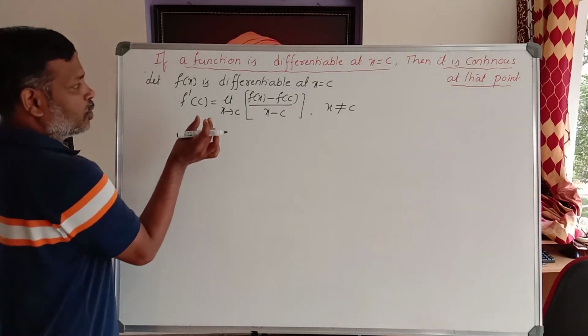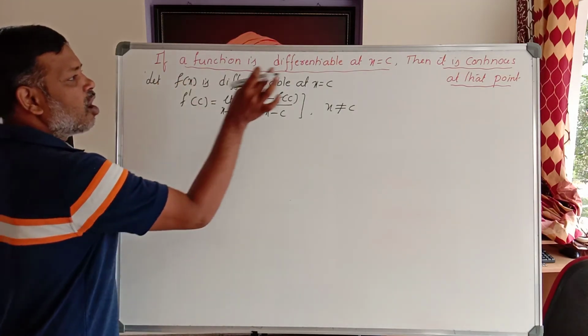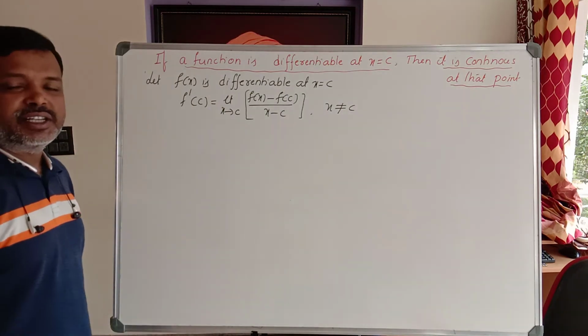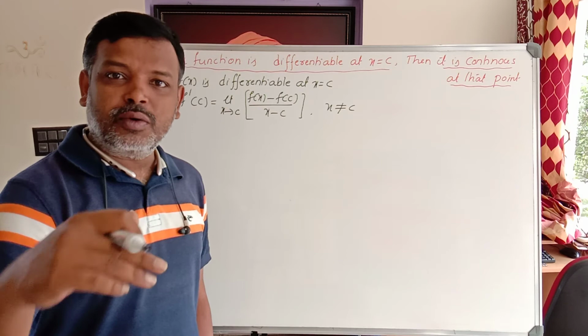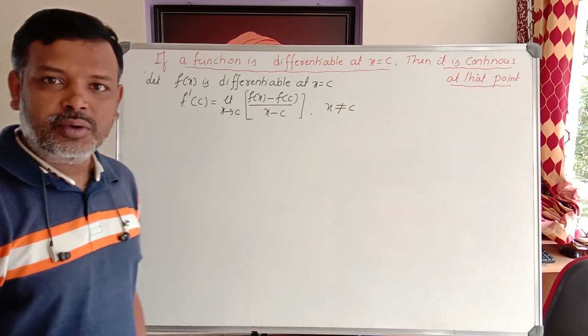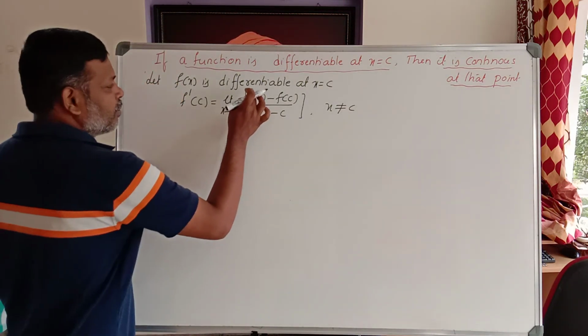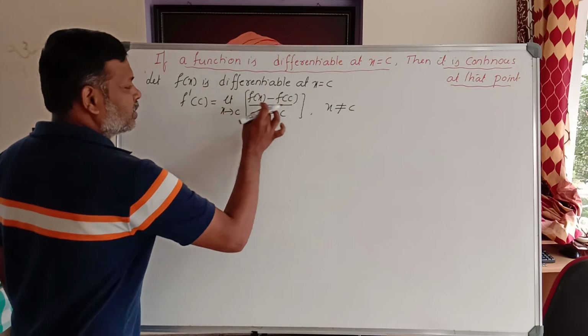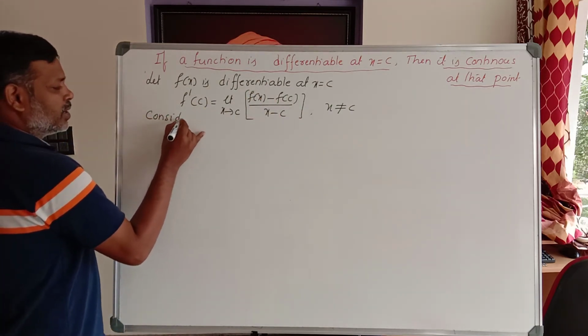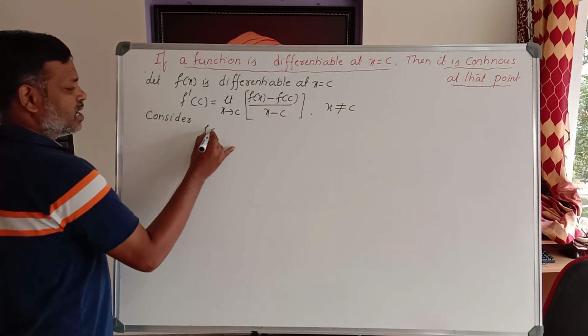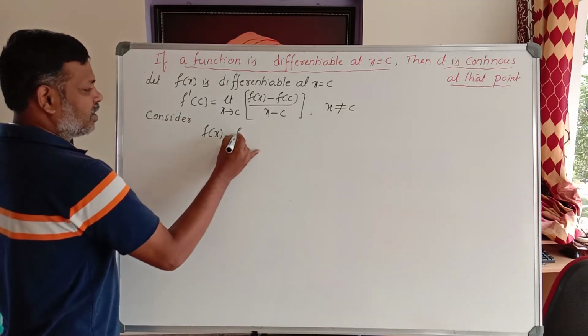Now we have to prove that this function is also continuous at x is equal to c. That means it is enough to show that the limiting value of the function is equal to the functional value. So I am considering the numerator part of this. What is the numerator part? F of x minus f of c.